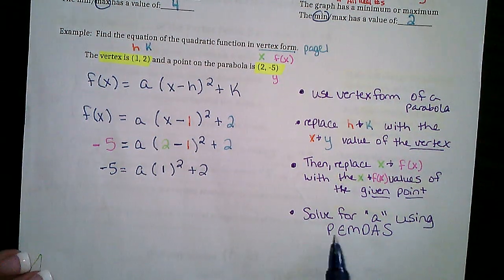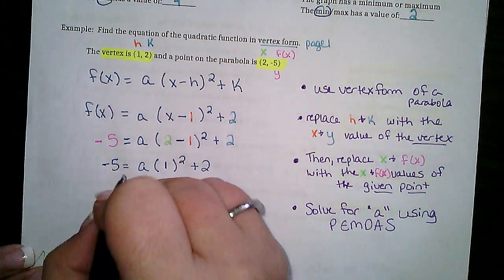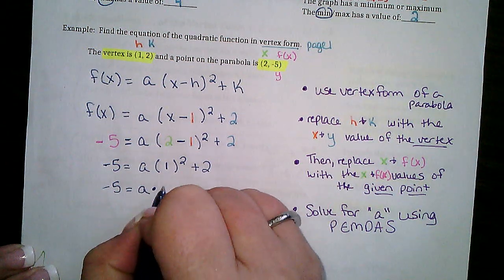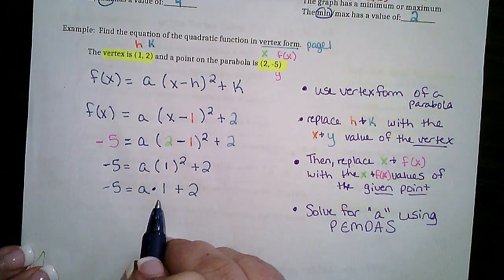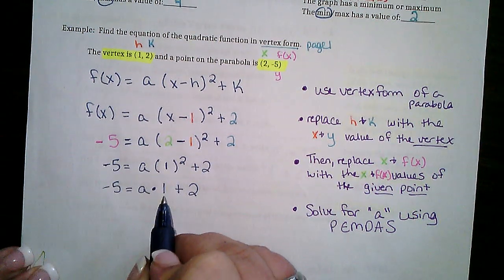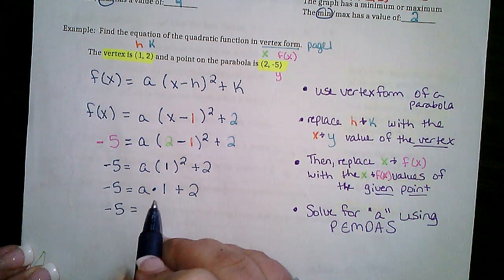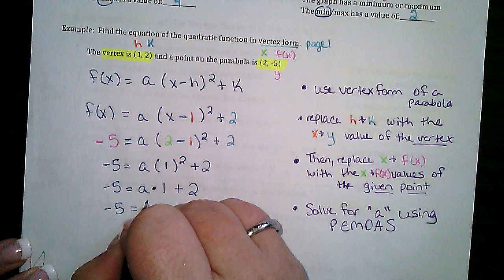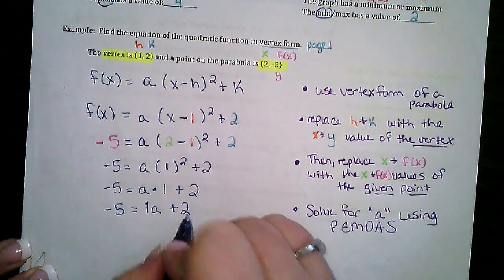So PEMDAS says parentheses, so we did parentheses first. Now it says exponents, so we're going to square that. 1 times 1 is 1. If that number is anything other than 1, it will change to a different number. Okay, so now if I do 1 times A, that gives me 1A. So we can move that to be a coefficient.